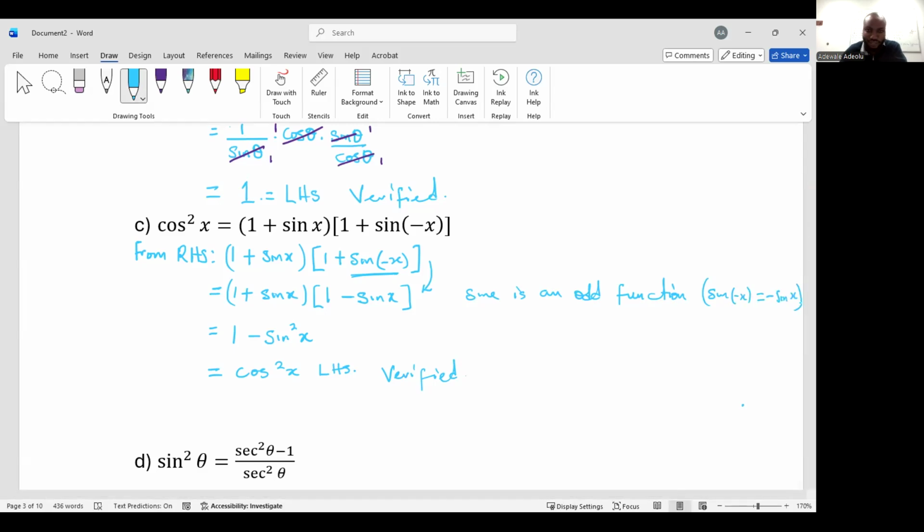That is what I did here. Then I expand. Then here I use the fact that cosine squared of x plus sine squared of x equals 1, which implies that cosine squared of x is 1 minus sine squared of x. So that is my left-hand side, and our identity is verified.